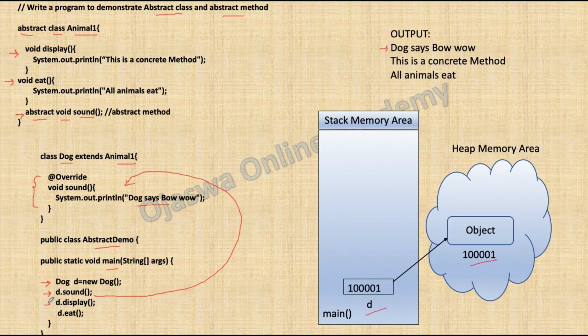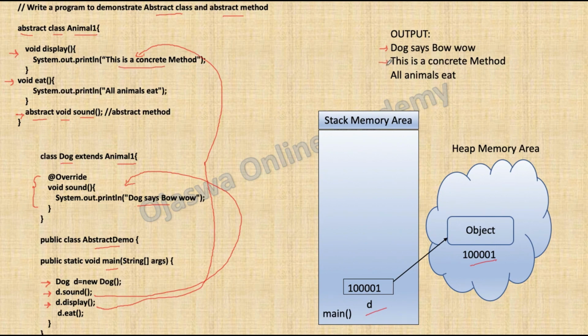The next statement is d.display. Now we don't have a display method in class dog, but the display method which is defined inside abstract class animal1 is inherited inside class dog. Hence you can call it using the dog object. So d.display, the control of execution will go to the definition of the display method inside abstract class animal1 and the code inside the method will execute. This is a concrete method.